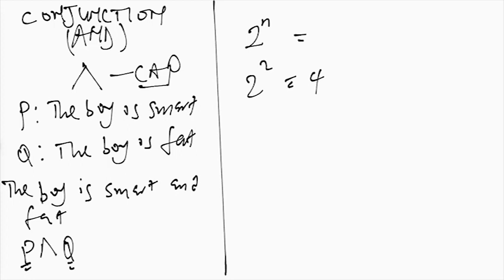If you have 3 simple statements, you do 2 raised to 3, and that will give you 8, meaning that you need to have 8 possible outcomes, because there are different ways you can manipulate.